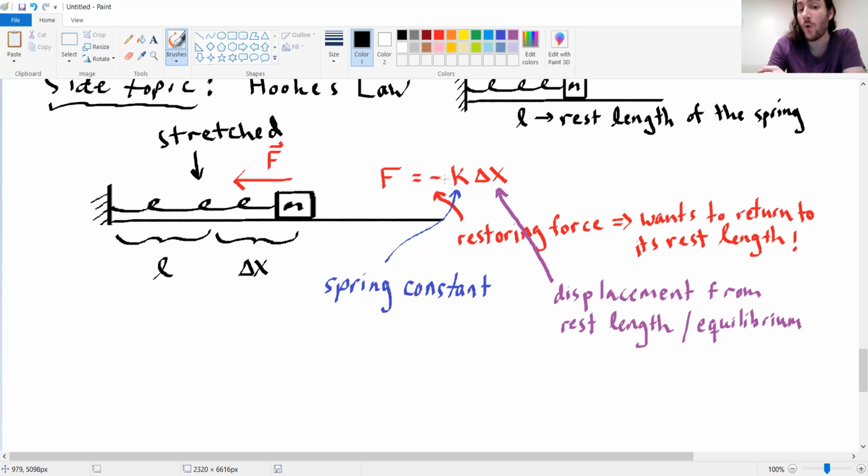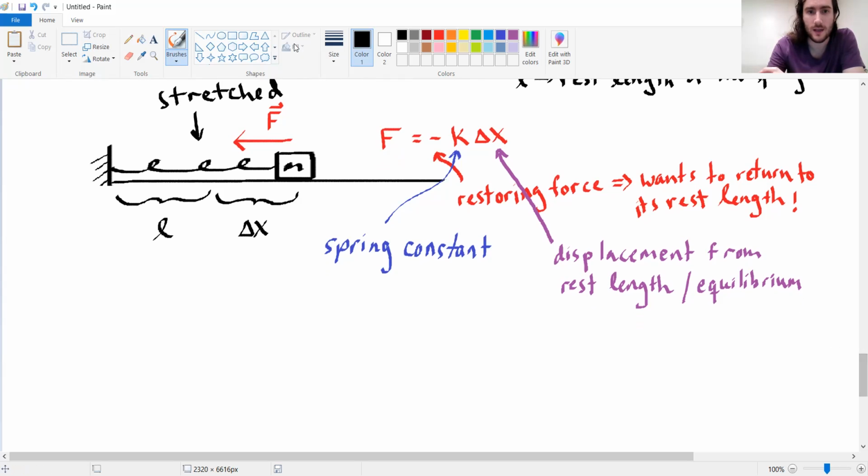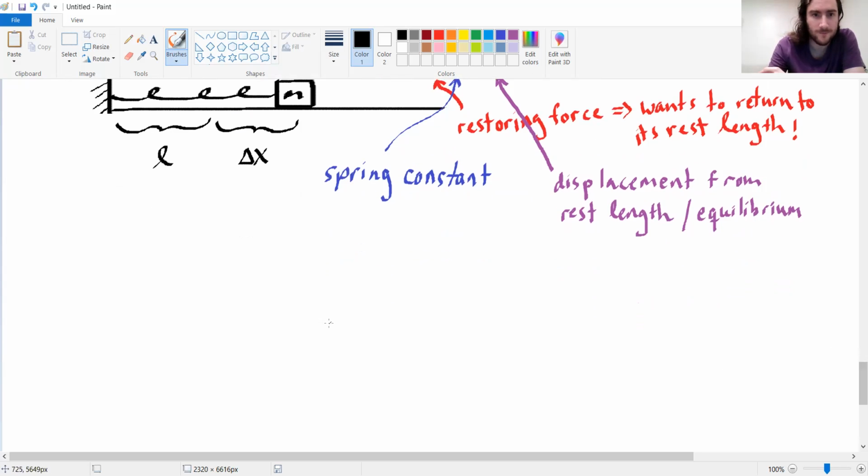So it's a downward sloping plot. Let's scroll down a little bit here. Don't want to scroll too far down in case you guys are still writing. So let's plot Hooke's law, a Hooke's law force.